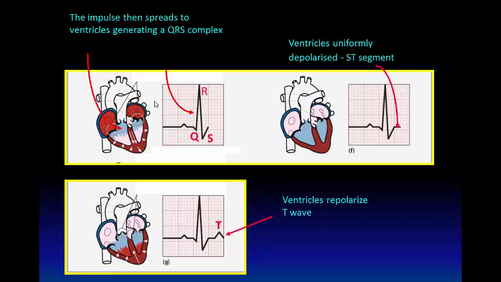We have known from the previous lectures that the left ventricle is 2 to 3 times as thick as the right ventricle. Thus, the depolarization current of the left ventricle is 2 to 3 times as big as the depolarization current of the right ventricle.